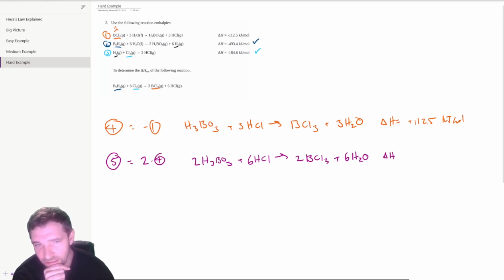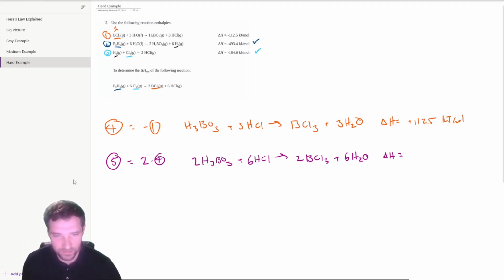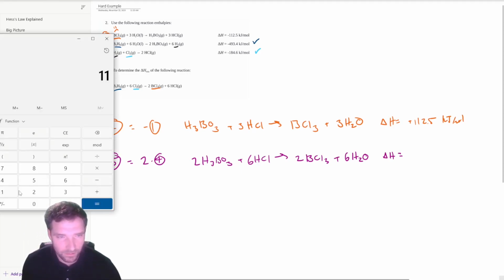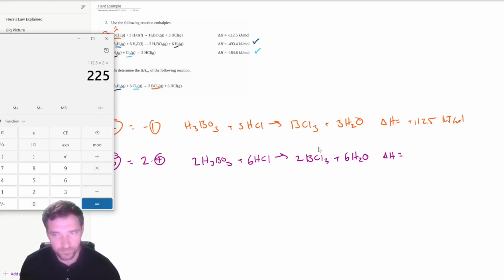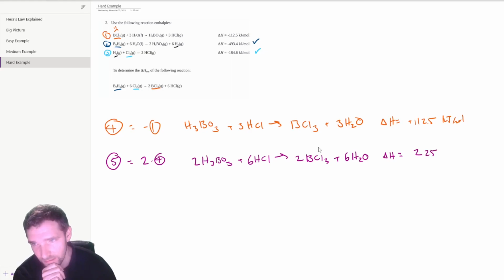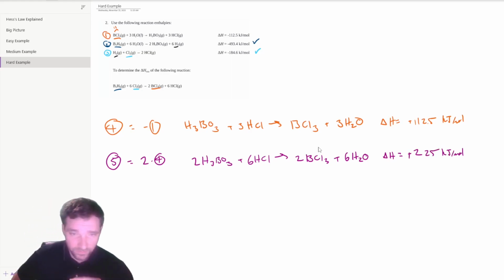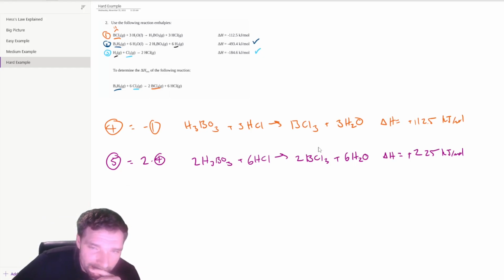So our new change in H for line 5 is going to be double the other one. So we just take that 112.5, we double that, get 225, positive 225 kilojoules per mole for this reaction. And I can start to then cancel some things out a little bit in these other reactions.